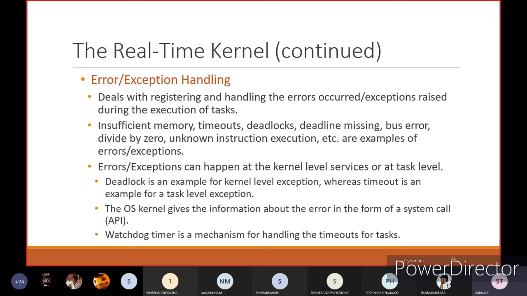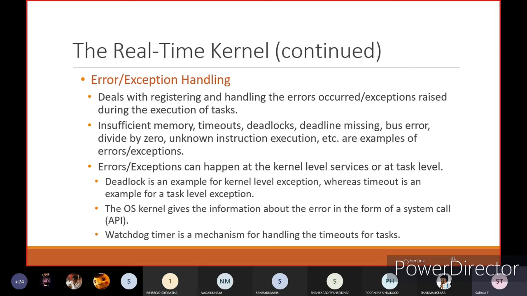Deadlock means both the programs are running and both the programs are waiting for the same resource, then it will form a deadlock. And deadline missing, bus errors, divide by zero is infinity. If I get into that infinite loop, then you can't come out of it, that is also an error. Unknown instruction execution, etc. All these things are errors and exceptions.